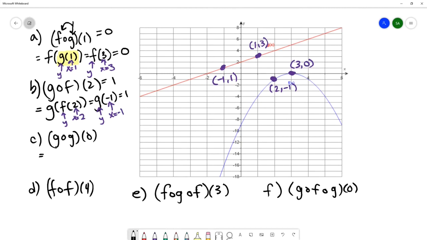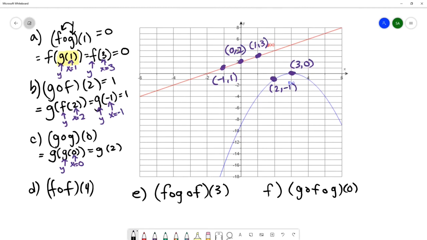And then we'll rewrite that, understanding that the operation of composition is substituting one function inside of another function. On the inside, we have G of 0, so we're looking for an x of 0, finding that y. Right here, we have an ordered pair that is 0, 2. So G of 0 is 2.